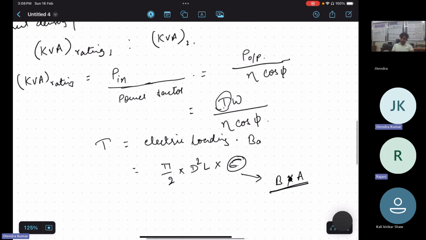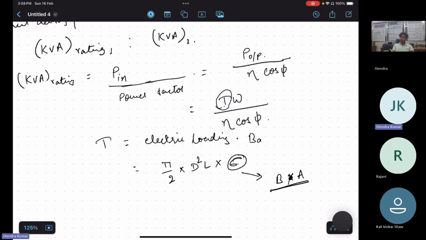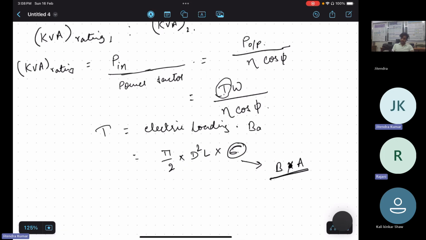Now, electric loading, we know it depends on the current, and the number of conductors, right? But which parameter does depend on the dimension? Current or number of conductors? Current, for a given area. Exactly.